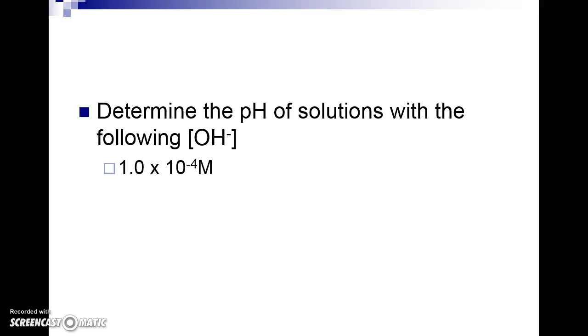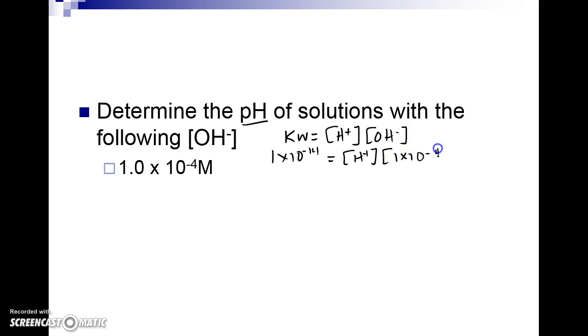Well, if I'm going to find the pH, I need the hydrogen ion concentration. And so I'm going to do Kw is equal to H plus times OH minus. I'm going to have 1 times 10 to the minus 14 is equal to H plus times 1 times 10 to the minus 4.